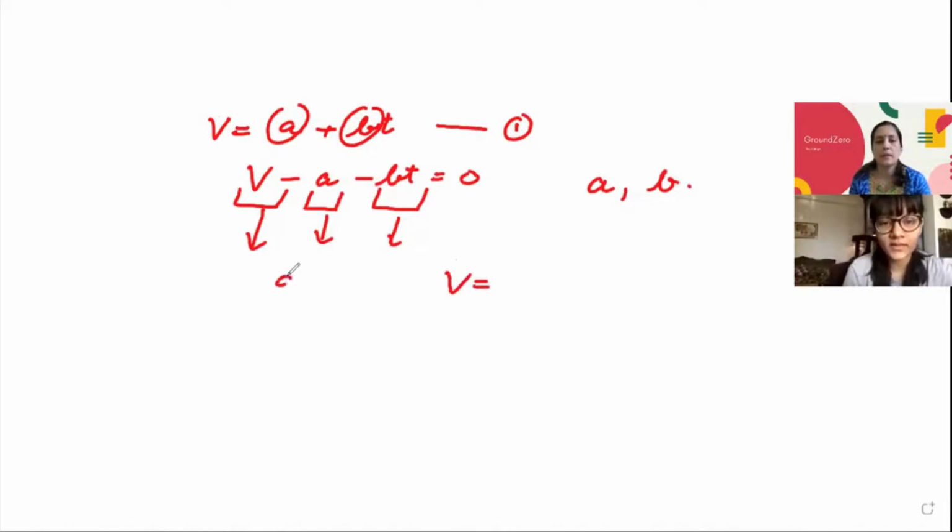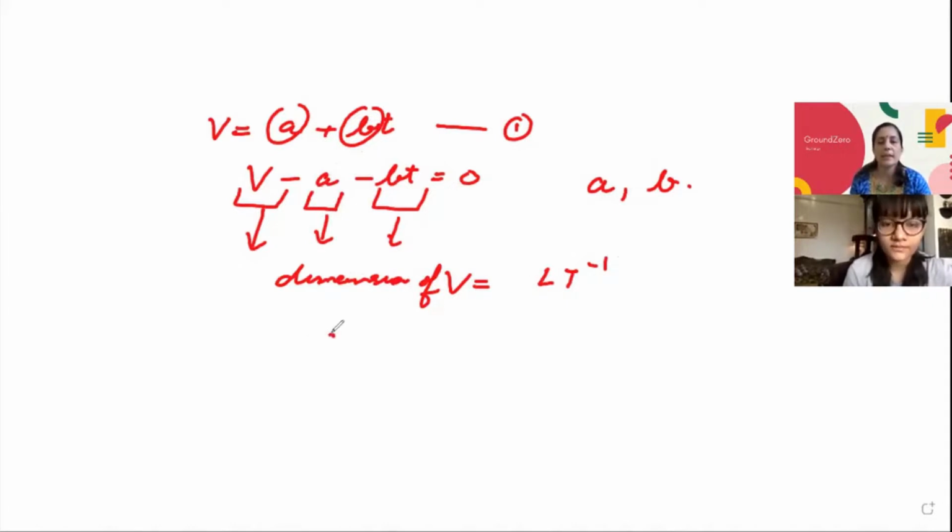L T to the power minus 1. Yeah. So the dimension of the velocity is L T to the power minus 1. So you have got the dimension of the velocity. Now what will be the dimension of A? Same as B. Same as B, right?